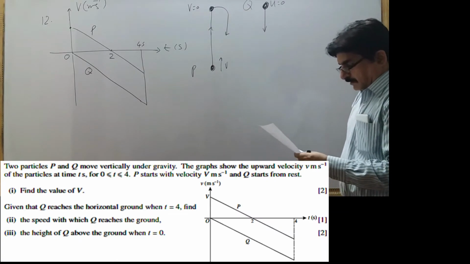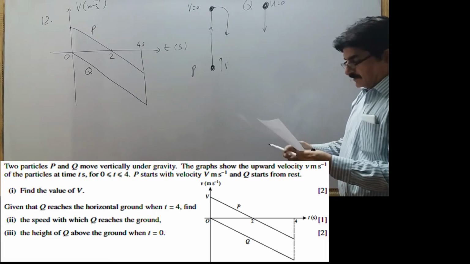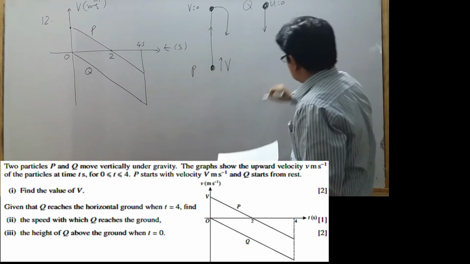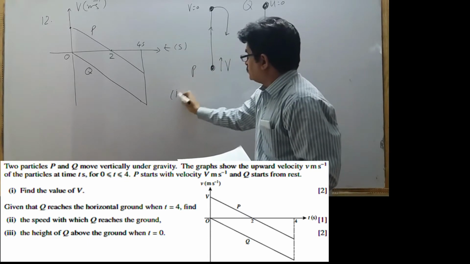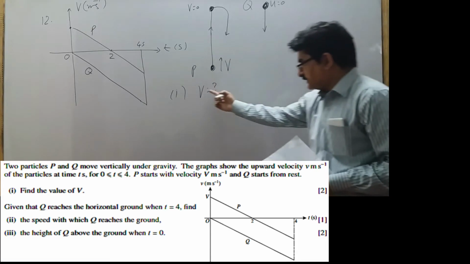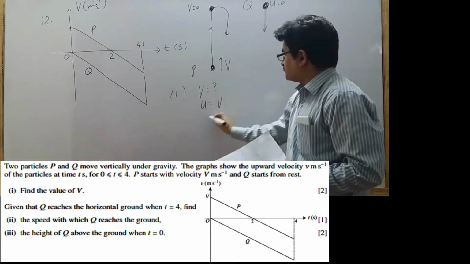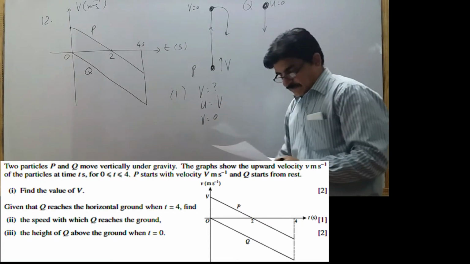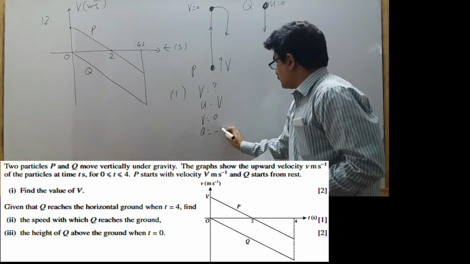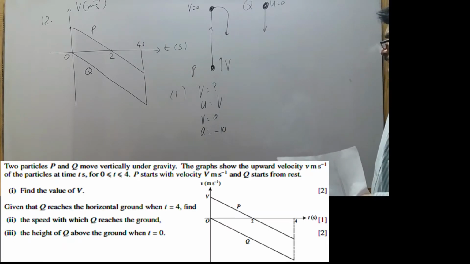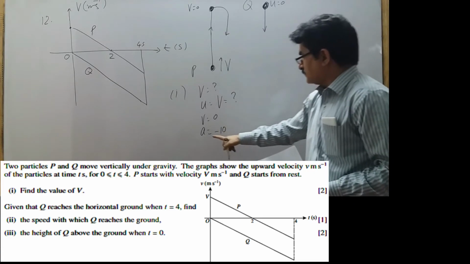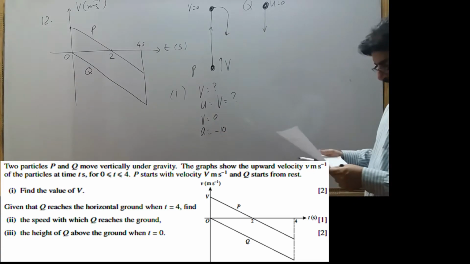Now P starts with velocity capital V. This is the velocity with which P starts. So our first part is that we have to find this V, which means its initial velocity. Basically, initial velocity is capital V, final velocity is 0 and acceleration is minus 10 for P. We know the initial velocity is unknown, we know the acceleration.